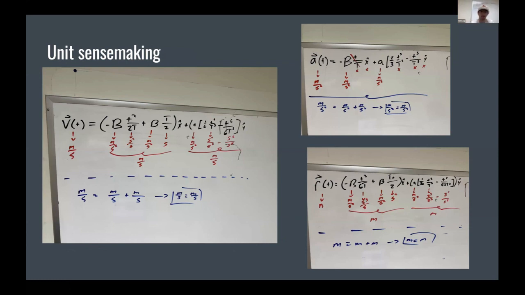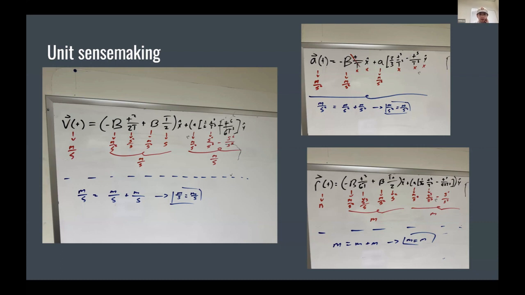All right. And then for our unit sense making, this is just breaking down the acceleration, velocity, and position equations down to the units, so we can make sense of which variables to plug in and which go where.